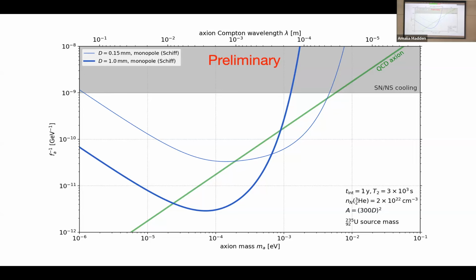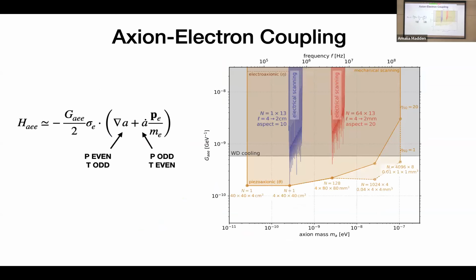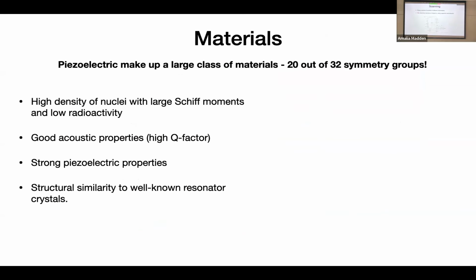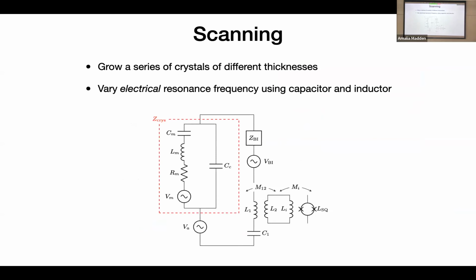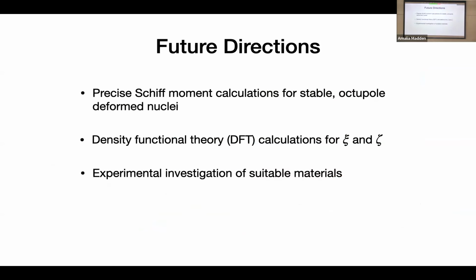For the summary of your first part, if I recall correctly, there are some properties you don't know how to calculate. You were just assuming them to be order one. Do you foresee that it's actually not going to be order one? So this here is the quantity. It was this material-dependent property that we thought would be order 1. In our paper, we have a dimensional analysis argument for why we think it's order 1.